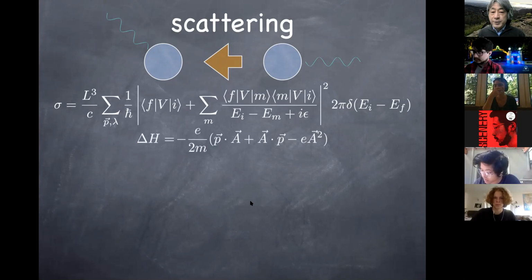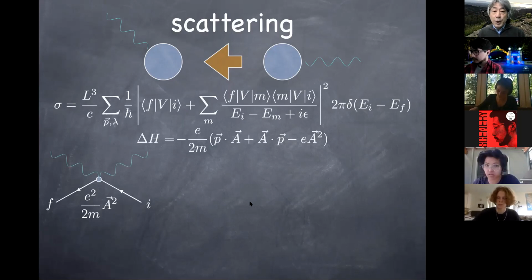And we know what the interaction Hamiltonian is for the interaction between the point particle electron and the photon. So there are three possible processes you need to compute for this. The first one is to use the last term of the interaction Hamiltonian, which has an A squared in it, and use this term at first order in perturbation theory.